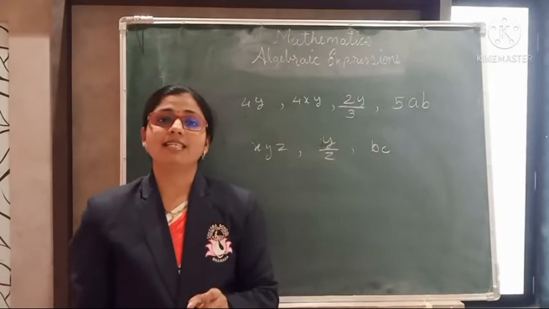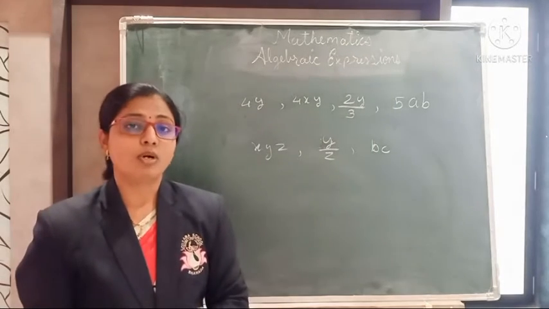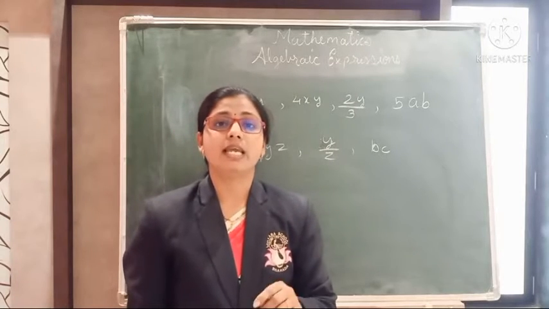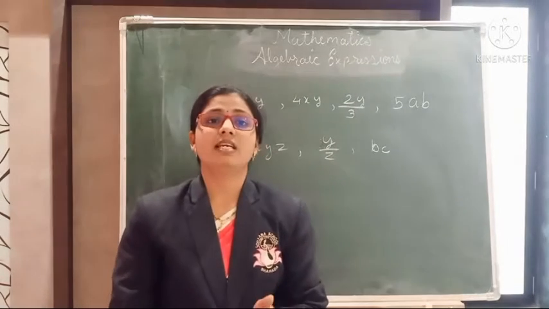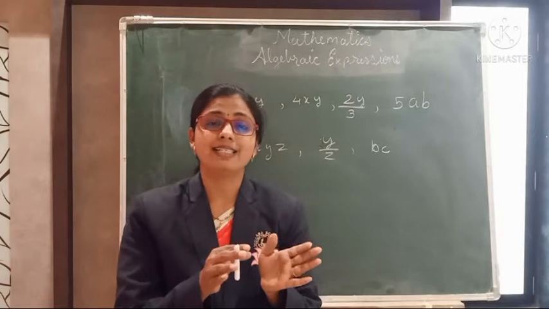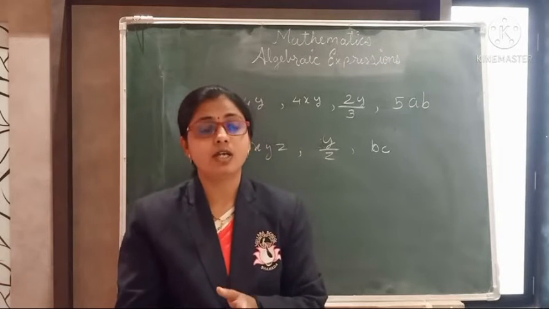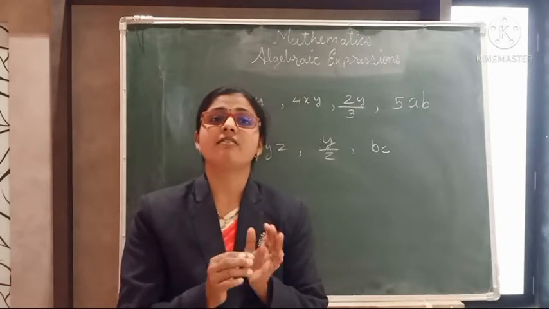Then the next point is term. What do you understand by term? A term is a number, or we can say a constant, or a variable, or a combination of constant and variable.